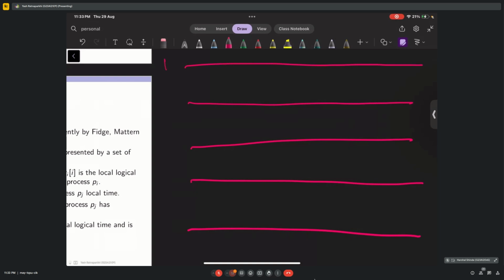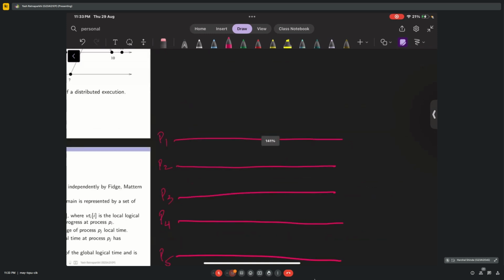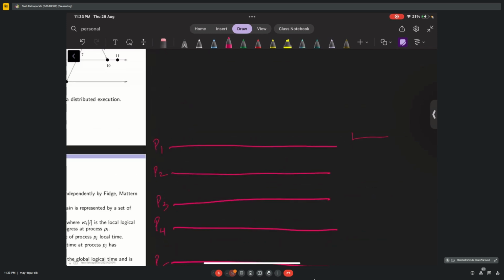P1, P2, P3, P4, and P5. Understand this very carefully. Till here, what we were doing was storing a single array and updating the value one by one. But when we come to vector, it becomes an n cross n matrix or array.